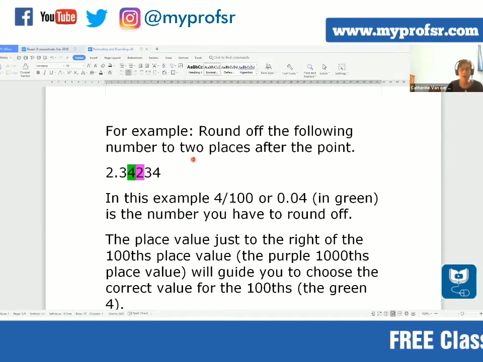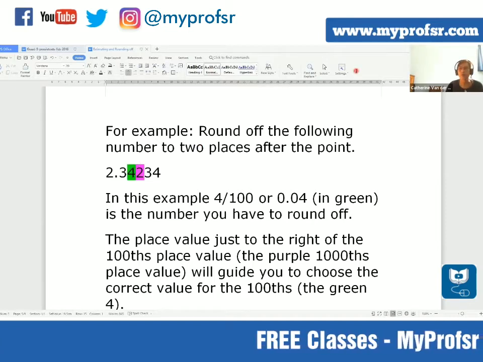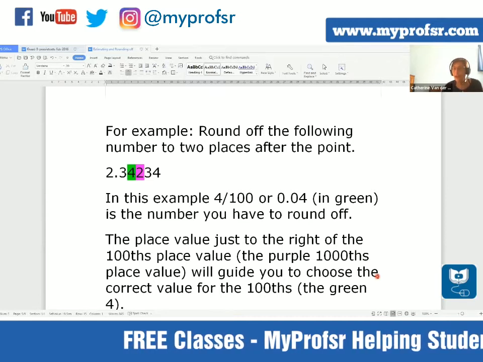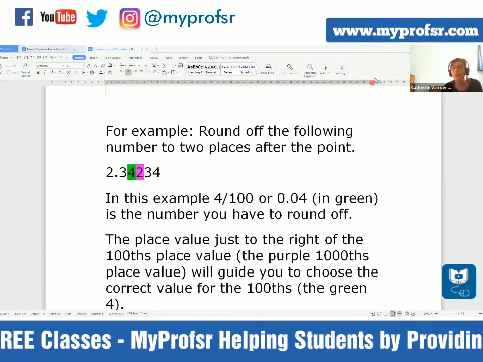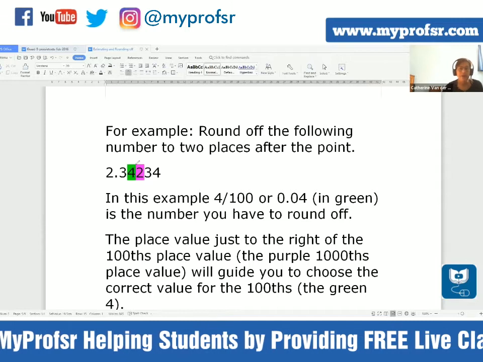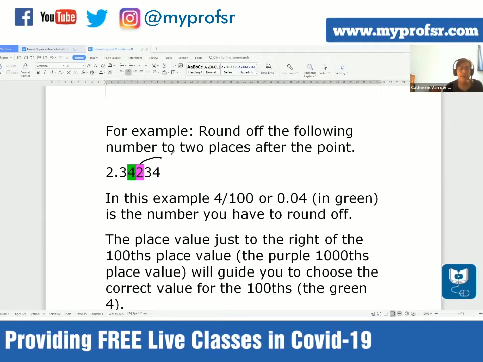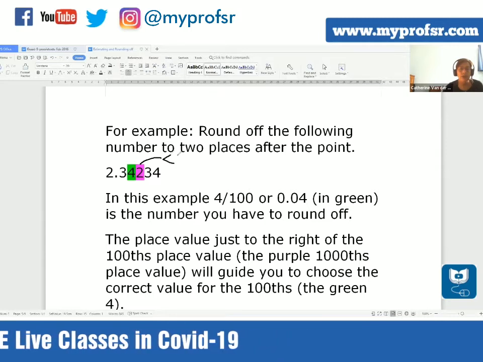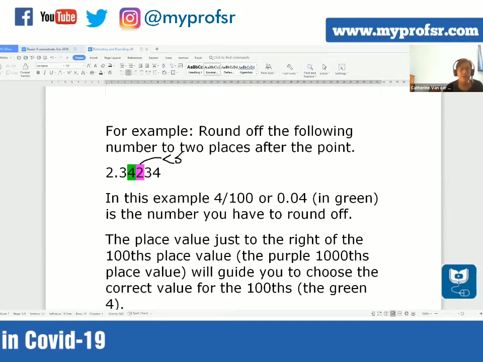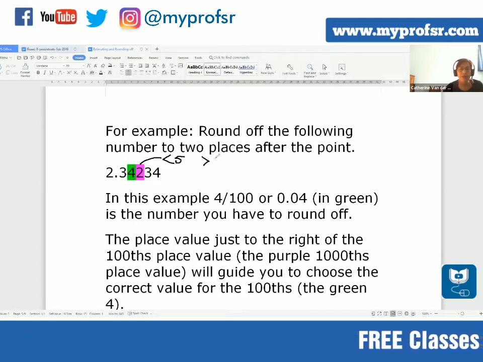So we're going to have a look whether this purple 2 is smaller than 5 or bigger than 5.